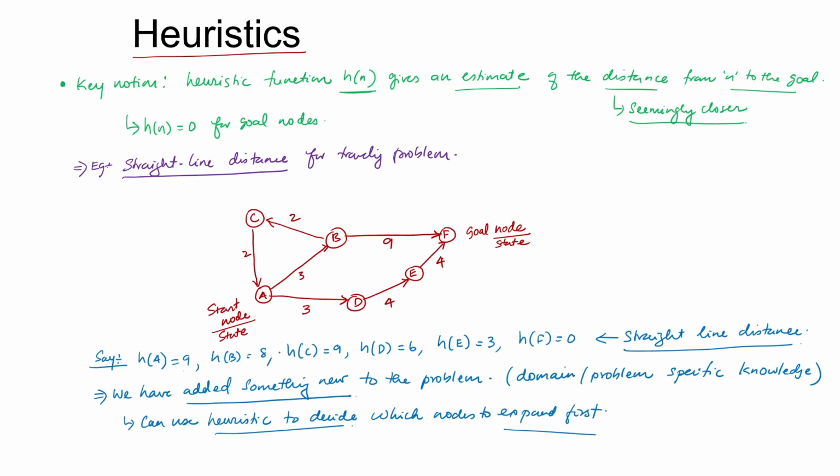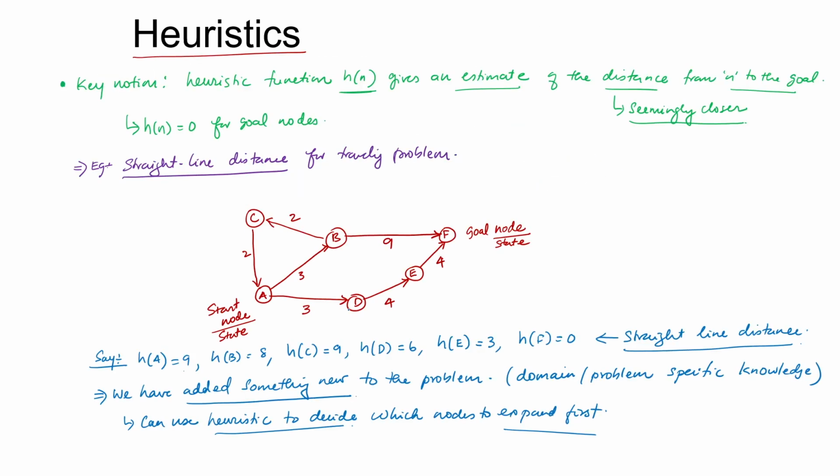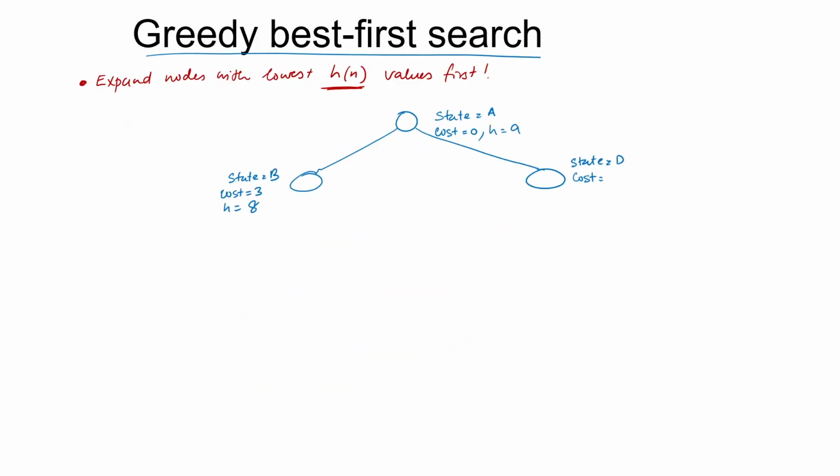And state equal to D, cost is also 3, and H of D is 6.